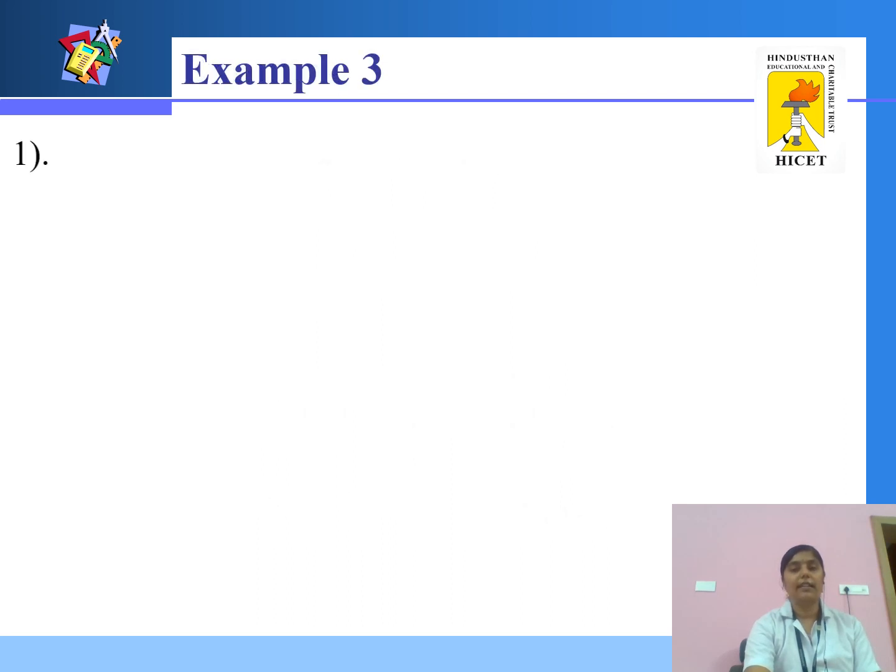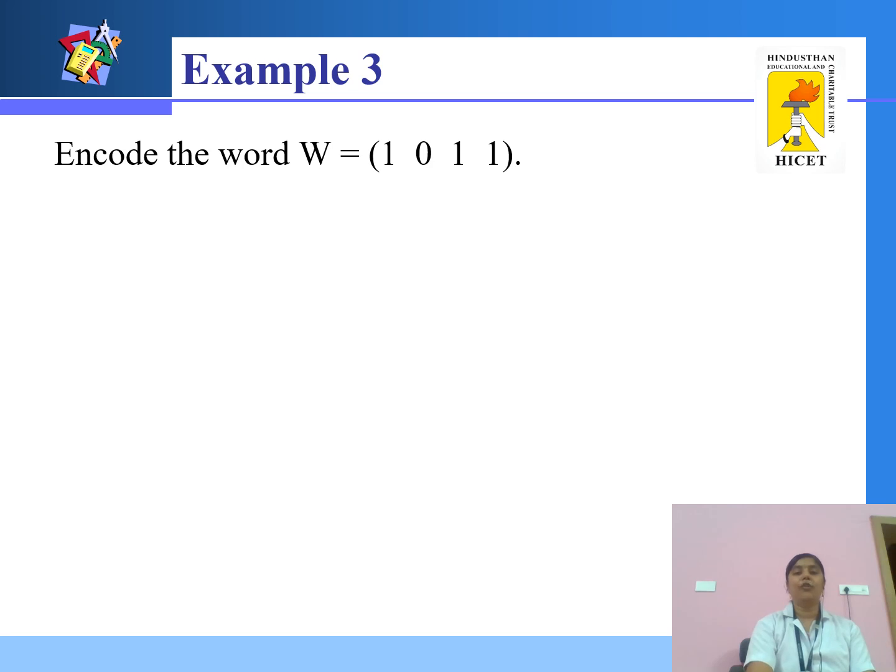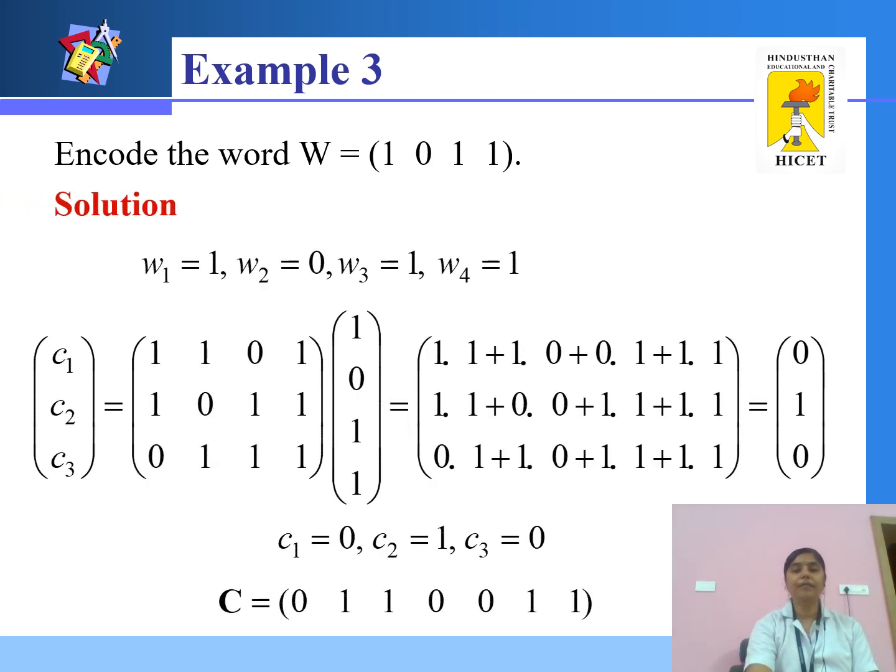We consider the example: encode the word W equal to 1011. We are solving this one. W1 equal to 1, W2 equal to 0, W3 equal to 1, W4 equal to 1. That is, the column matrix C1, C2, C3 is equal to the matrix with rows 1, 1, 0, 1; 1, 0, 1, 1; 0, 1, 1, 1 multiplied by the column matrix 1, 0, 1, 1.